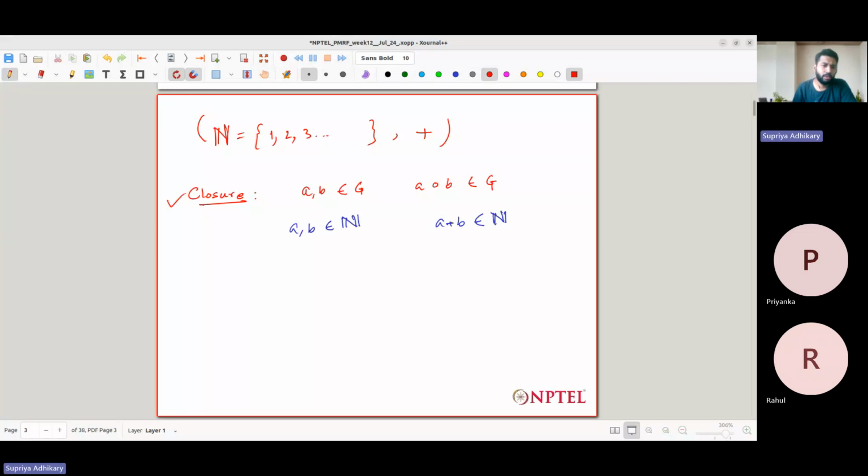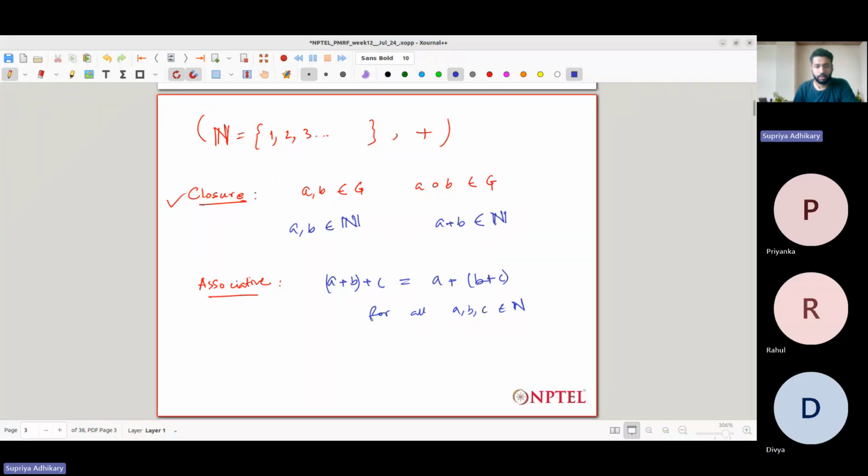The second property was associativity. The associative property is very easy to verify, because for associativity this must be true for all A, B, C in N. Definitely this is true, because as we know, if we add integers, it doesn't matter whether you are adding from the right hand side or the left hand side.